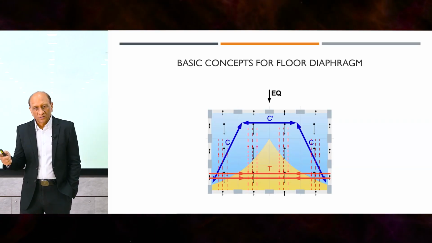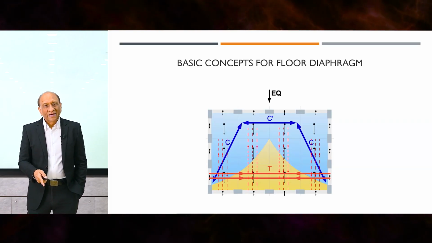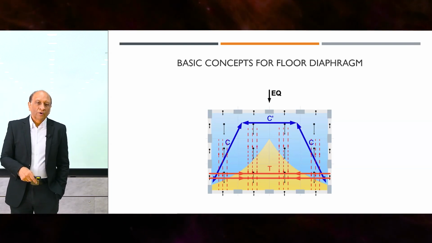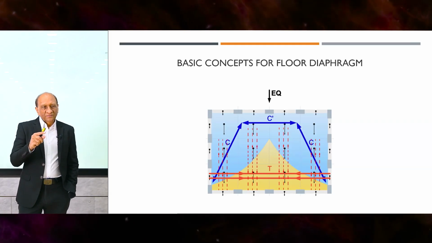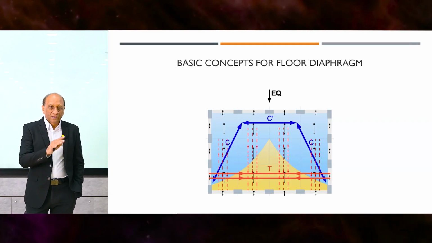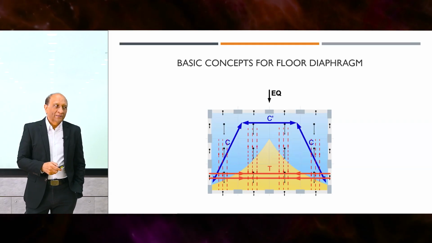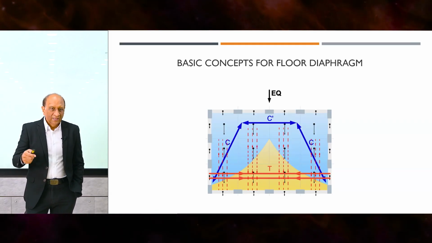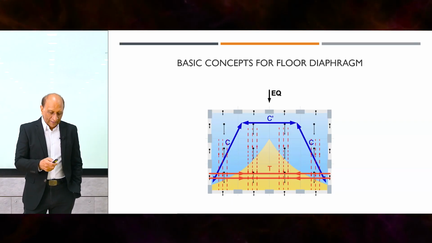So it's not only the horizontal, but also the vertical lines that are needed to keep that yellow portion from moving away. So that's the rough representation of a floor diaphragm using strut and tie when the floor diaphragm is just transferring the load within the diaphragm.